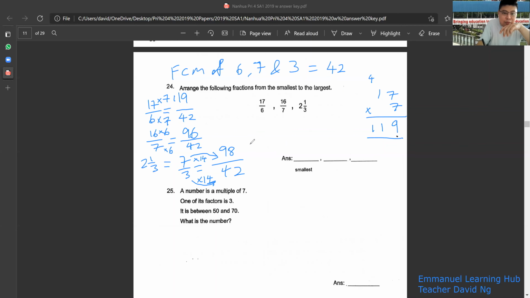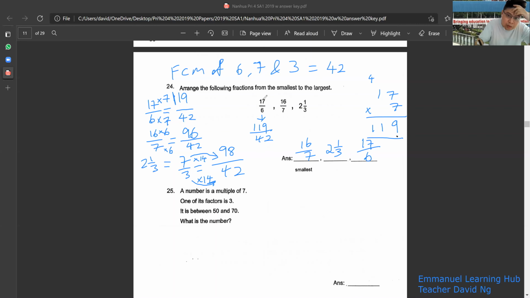Smallest is 16/7. Second is 1/3. Then the third one, the largest is 119. 17/6. Yes. How come now you can confidently tell me?